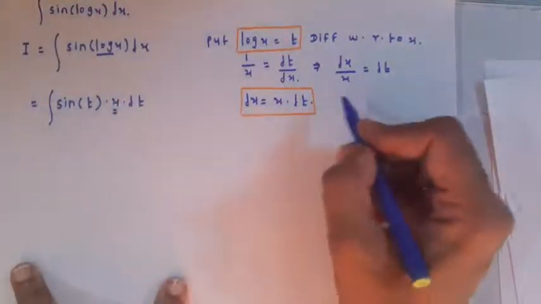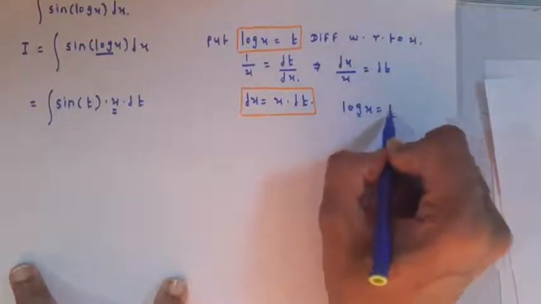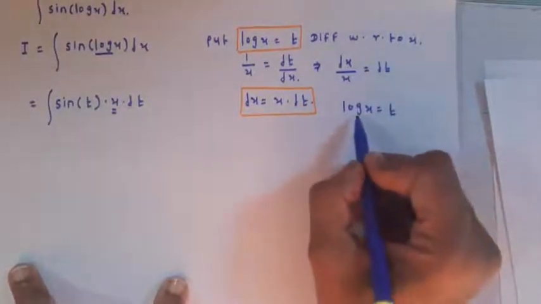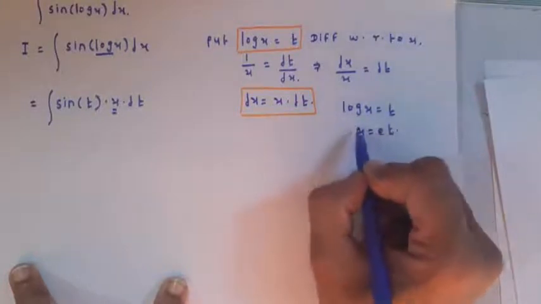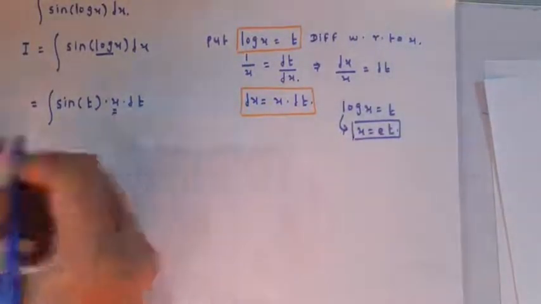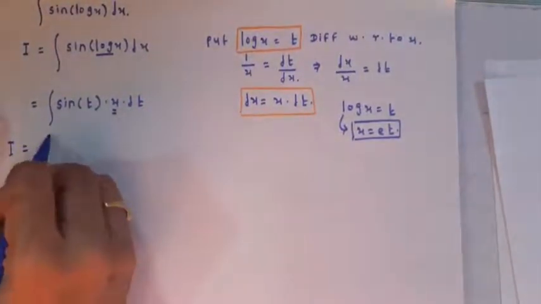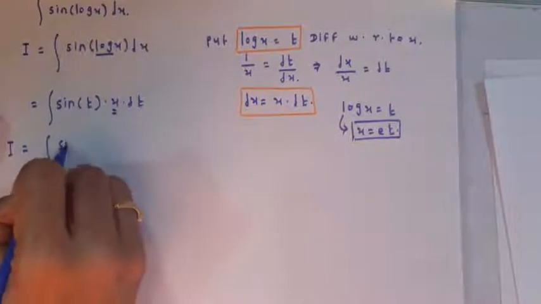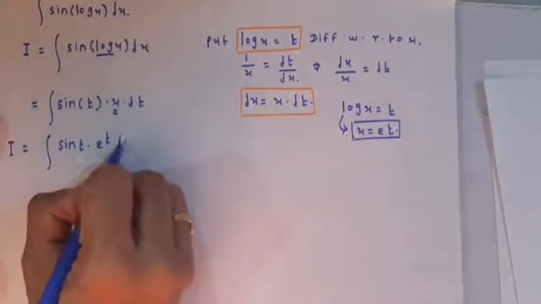As we have put log of x equal to t, cancelling logs on both sides, you will get x equal to e raised to t. Therefore the value of x is e raised to t, and therefore integration I equal to integration of sine of t e raised to t with respect to t.